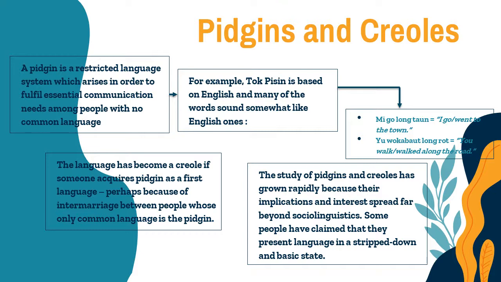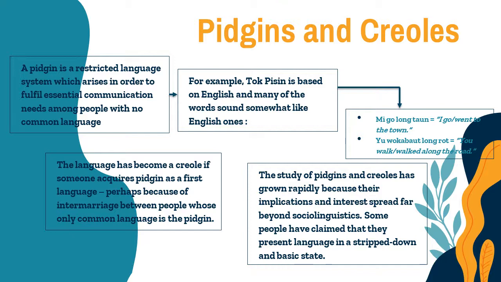For example, Tok Pisin, also known as Melanesian Pidgin English and Neo-Melanesian, which is spoken in Papua New Guinea, is based on English, and many of the words sound somewhat like English ones. For example, me go long town, or I go or went to the town. And the second example, you walk about long road, or you walk or walked along the road.